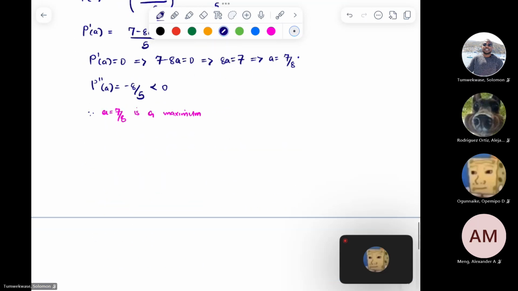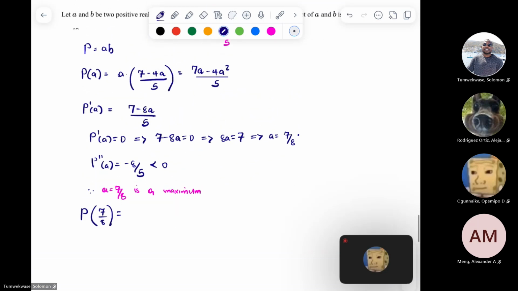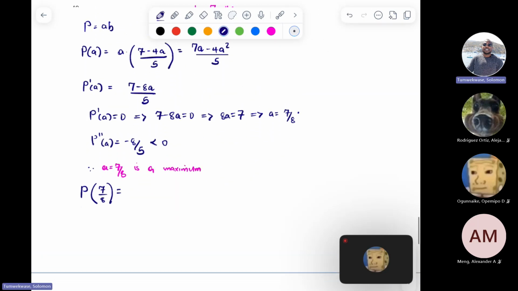So the maximum product is the product that we get by evaluating this product at the point 7 over 8, and this product is the same as 7 over 8 into 7 minus 4 times 7 over 8, then the whole of it over 5.